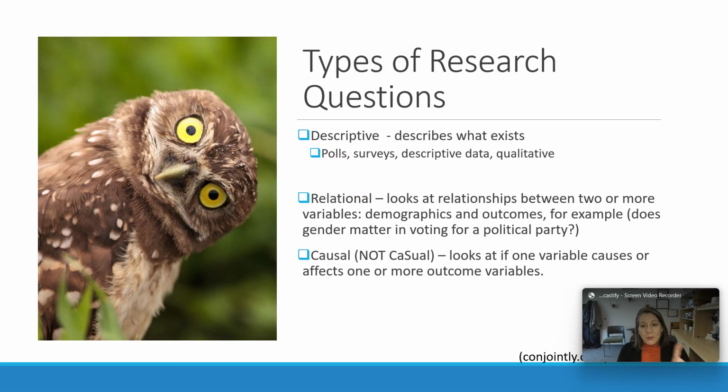Is one variable causing another? And as we talked about when we talked about correlations, you can't have causation unless you also have correlation. So it goes in stair steps, right? If we're going to look at a causal relationship, we need to have already looked at the relational or the correlational piece, and we also need to have some descriptive information about the phenomenon to start with.